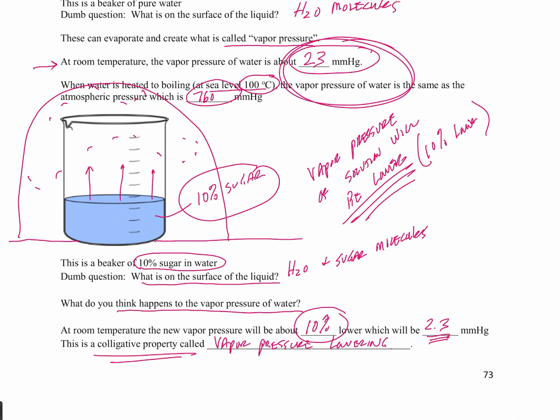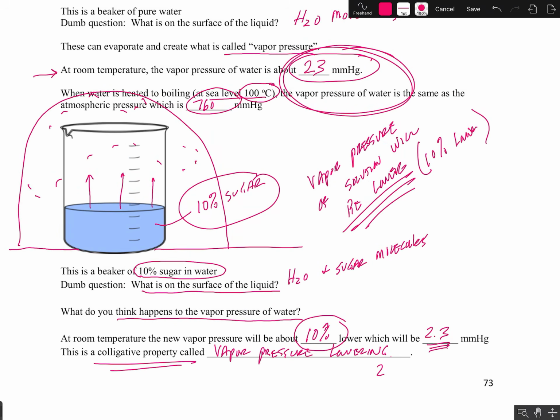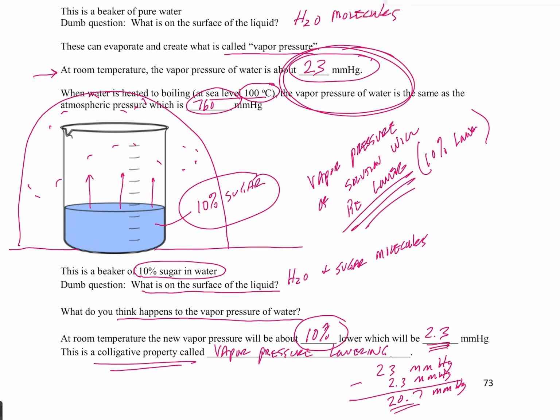See, if my vapor pressure was 23 millimeters of mercury, right, and I just lowered it by 2.3 millimeters of mercury, isn't the vapor pressure of the solution now going to be about 20.7 millimeters of mercury? What effect will that have on the boiling point of the solution?